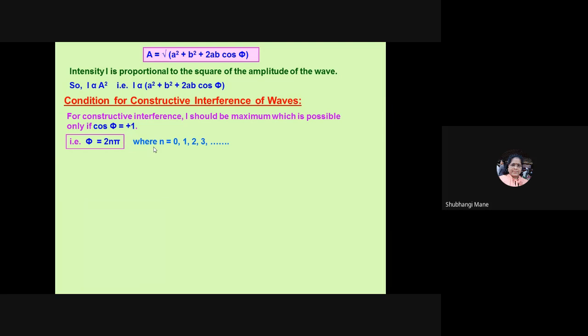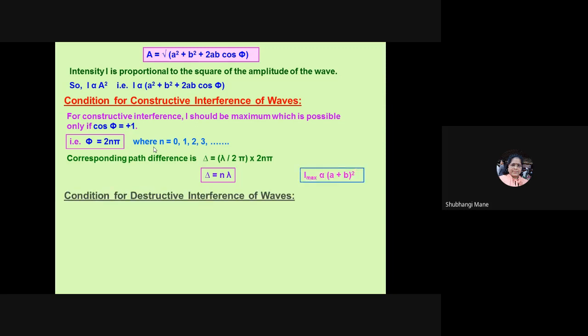Then next one, the condition for constructive interference of waves. For constructive interference, I should be maximum, as we just said, E equals E1 plus E2. This is possible if cos phi equals plus 1.